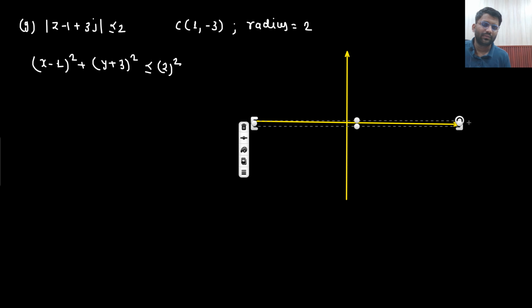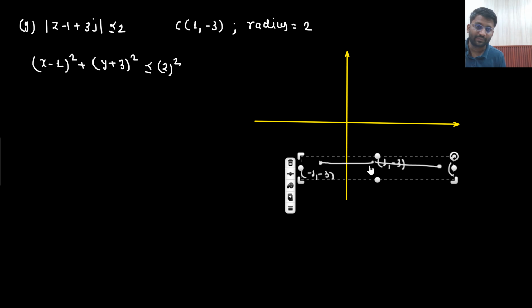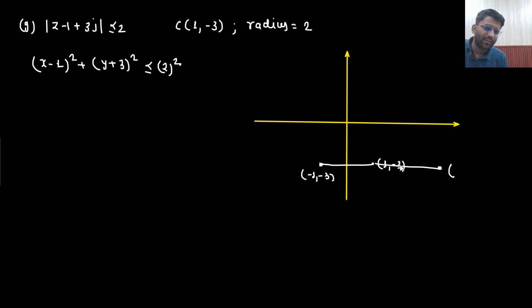Absolutely. So now draw with patience. 1 comma minus 3: x equals to 1, y equals to minus 3. This will be the point. Radius of 2: you are moving in the direction of x, so this point will become minus 1 comma minus 3, and this point will become 3 comma minus 3.